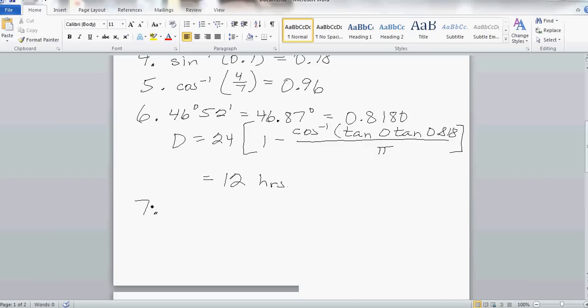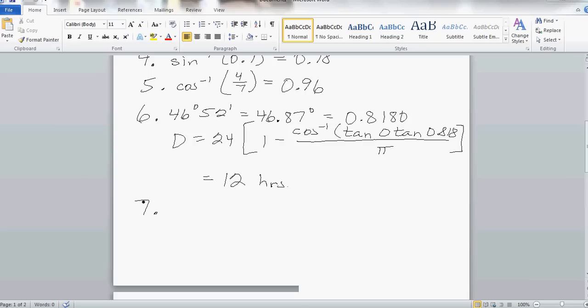Number 7 deals with what happens when we change the medium that we are viewing something in. We have angles of refraction, angles of incidence, and so on and so forth.